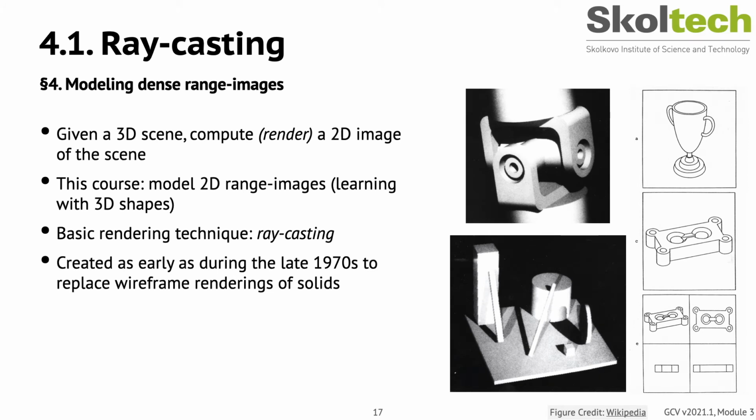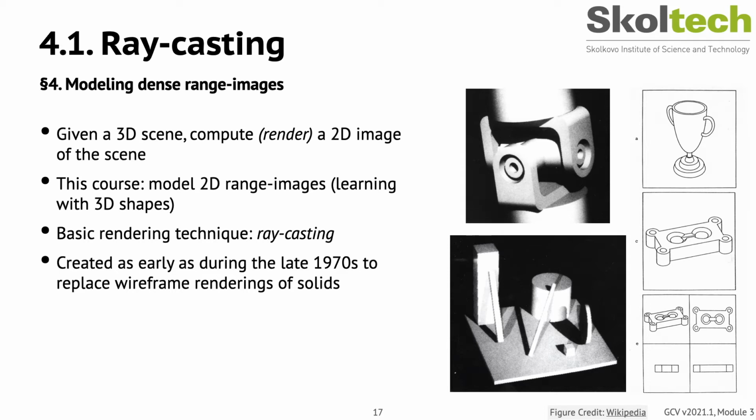In a number of applications, for example, visualization or learning with images of 3D shapes, we must use a 3D object and compute or render its 2D image representation. Within the context of this course, we are interested in obtaining 2D range images that describe object geometry as a 2D depth map captured from a particular view.